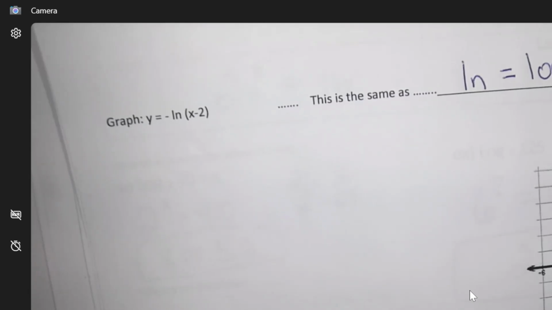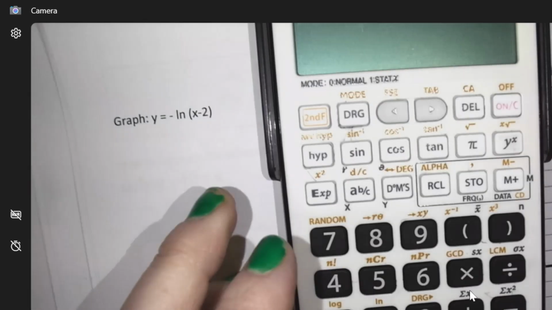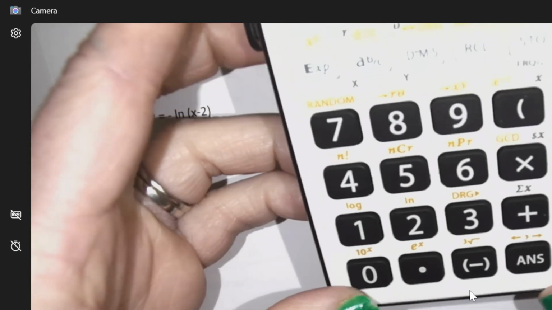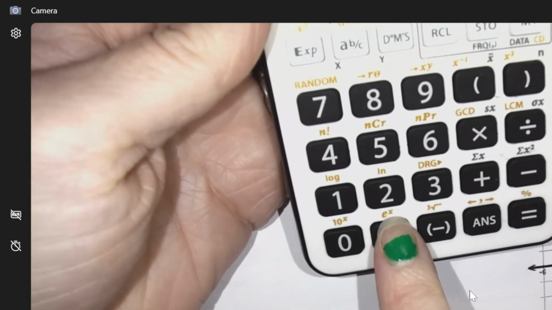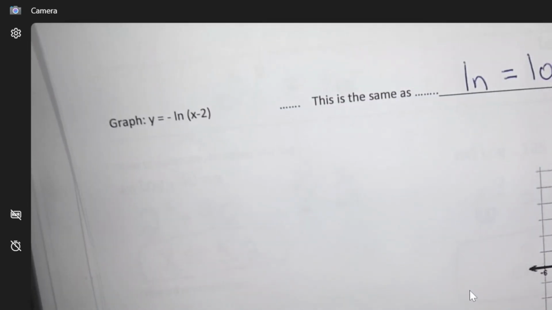Has anybody ever seen an e in math or science? Okay, so that's new. You can explore your calculator. You have a button called an e button. So e, in math, if you ever say pi, there's a value of pi, right? 3.14 and so on.